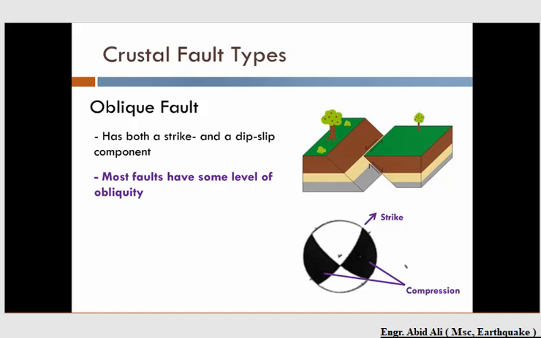Most faults have some level of obliquity to them. It's very rare to have a fault that is purely strike slip or purely dip slip. The stereonet projections look like a mixture of a strike slip projection with either a reverse or a normal fault projection.